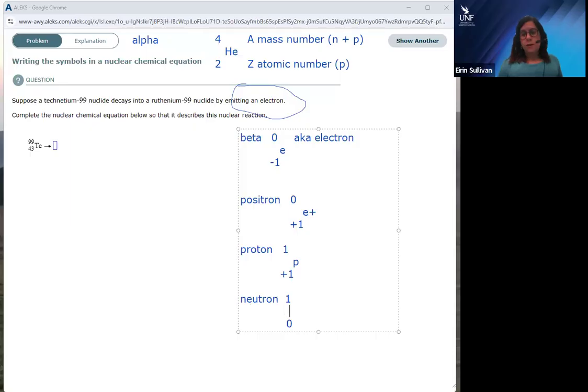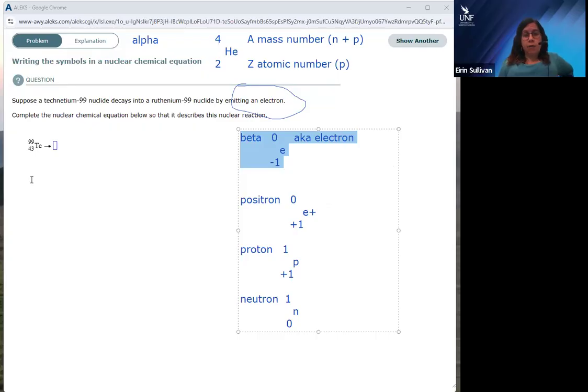If you know what kind of decay process it is, what kind of particles are being emitted or absorbed, then you need to know how to correctly write the nuclide symbols for those particles. In this case, we're talking about emission of an electron, which is beta decay. So we need to know how to correctly write the electron in a nuclear chemical equation.